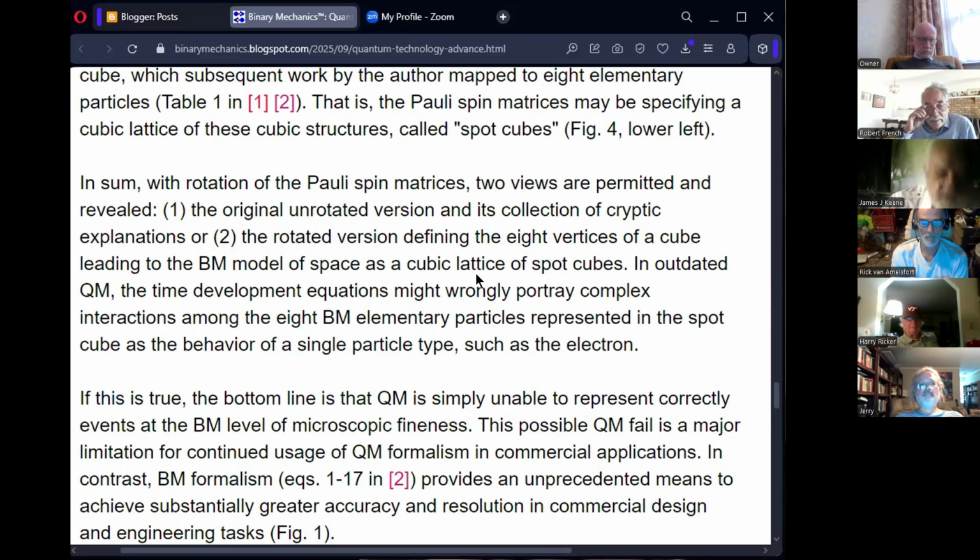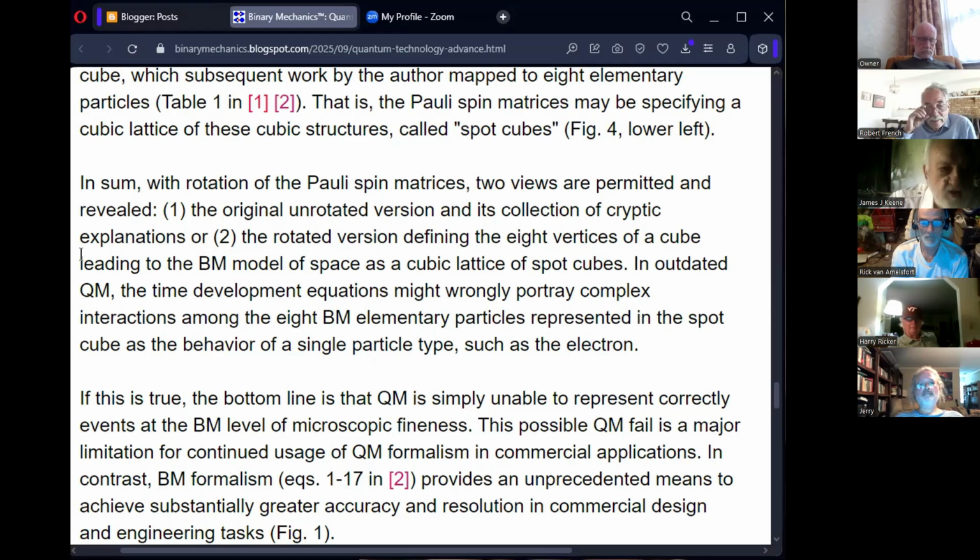In outdated quantum mechanics, the time development equations might wrongly portray complex interactions among the 8 binary mechanic elementary particles represented in the spot cube as the behavior of a single particle type, such as the electron.